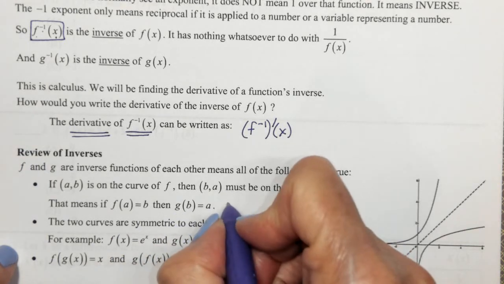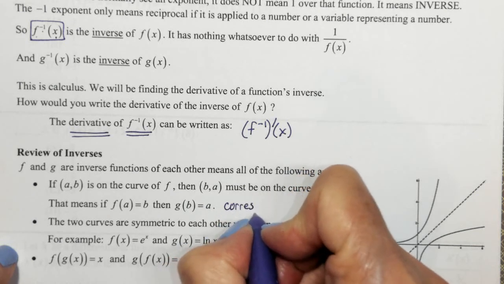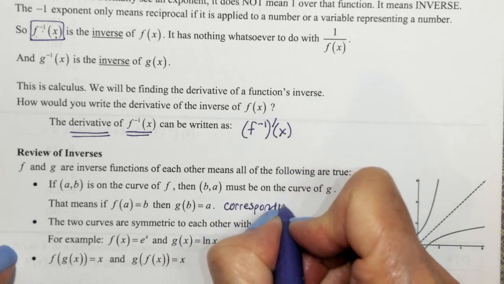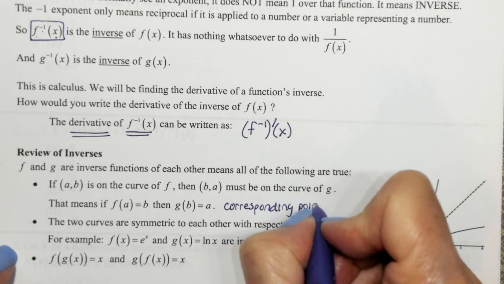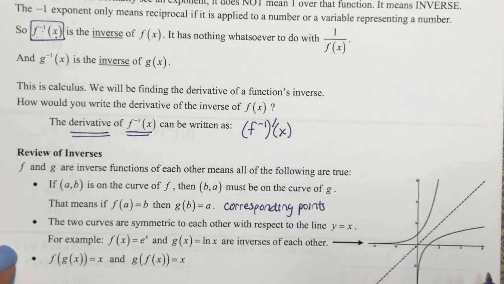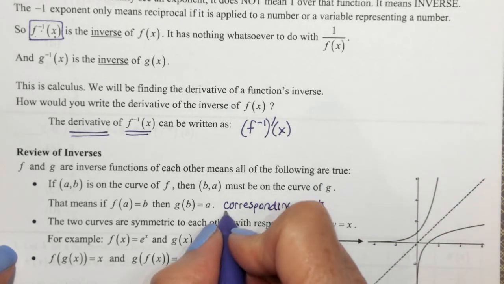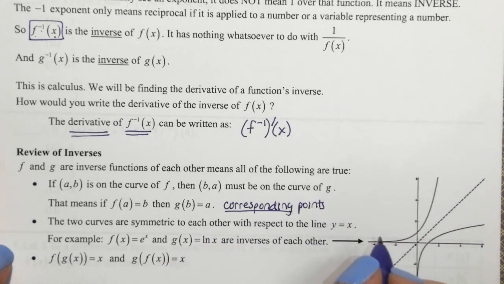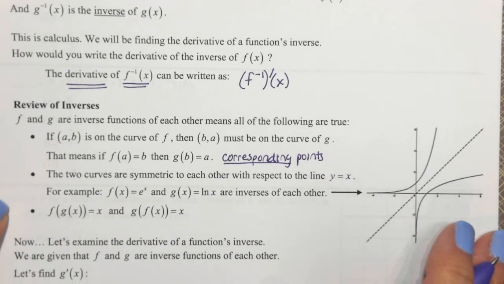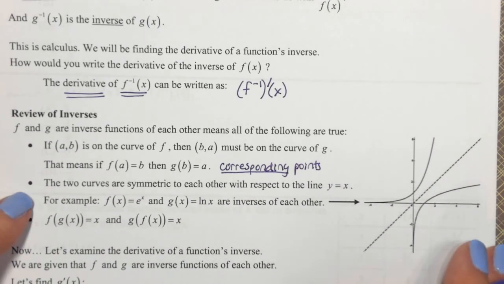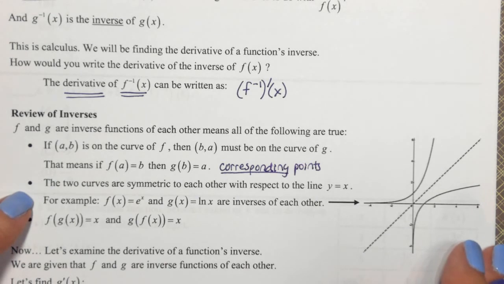We call these corresponding points. I'll be referring to that word, corresponding points. All right, the two curves are symmetric to each other with respect to the line y is equal to x.